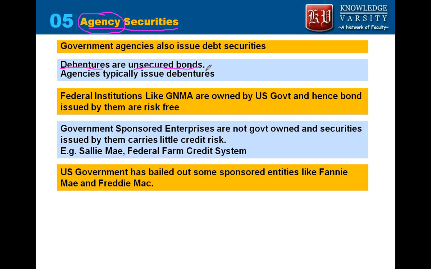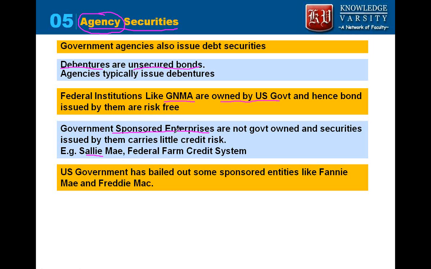So to enhance this unsecured bond, they provide some credit enhancement measures. But let's see what these agencies are. These agencies can be government owned agencies, or they can be government sponsored agencies. So institutions like GNMA are owned by the government, and some agencies like Sallie Mae, etc., are sponsored agencies.